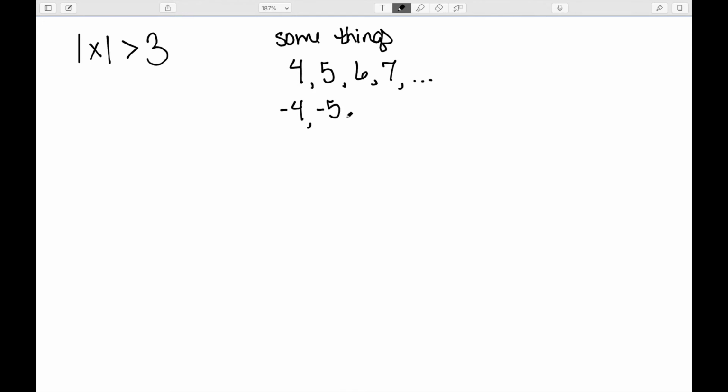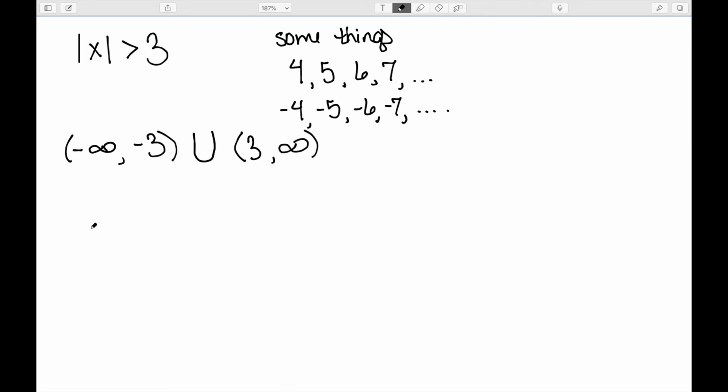The absolute value of -5 is 5, which is greater than 3. And so we also go down in the negative direction. So in this case, it would actually be everything from -infinity up to -3, or we use this symbol U, this union symbol for or, everything larger than 3. So we actually have two pieces here.